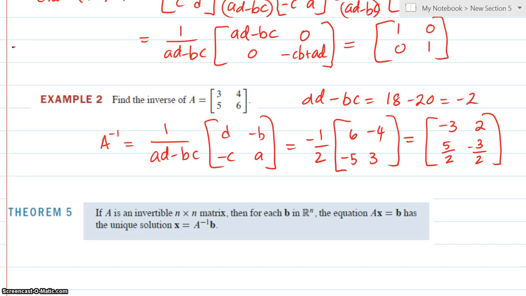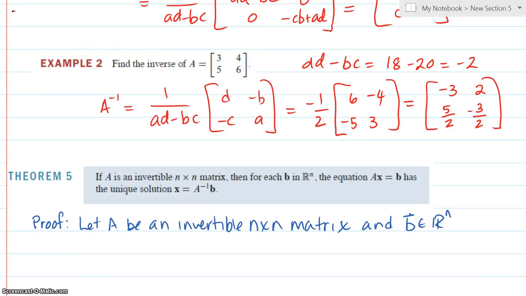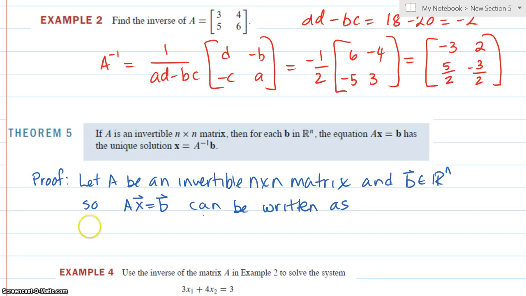So let's go ahead and show that. I'm going to let A be an invertible n by n matrix, and B in Rn. So the equation AX equals B can be written with A inverse. I'm just taking the inverse on the left and the inverse on the right.